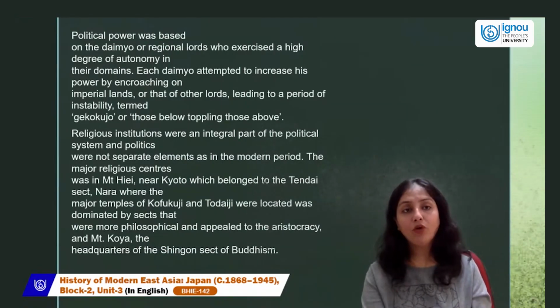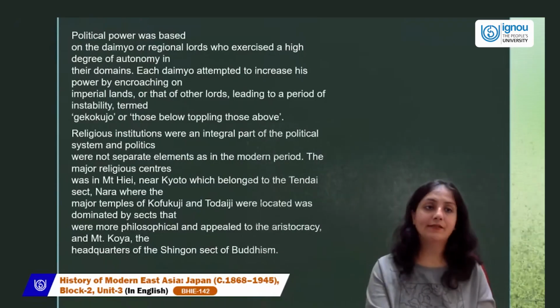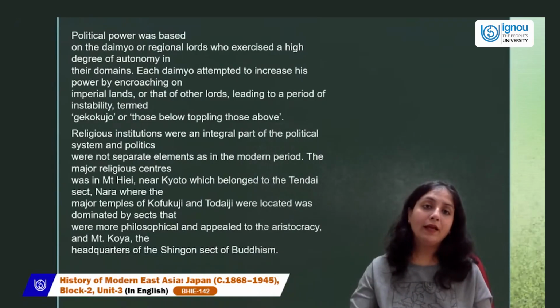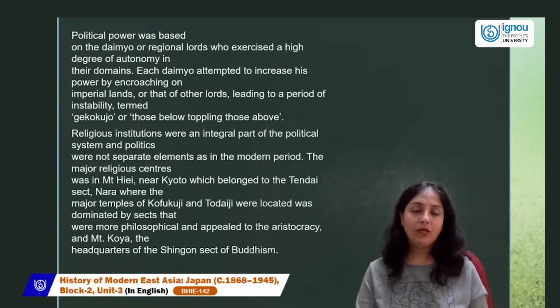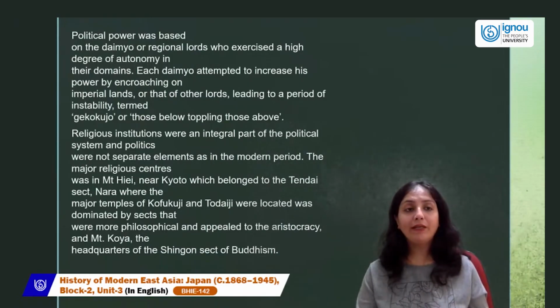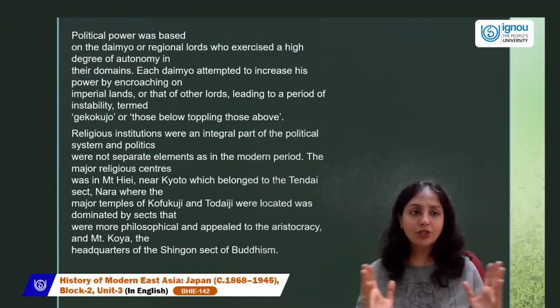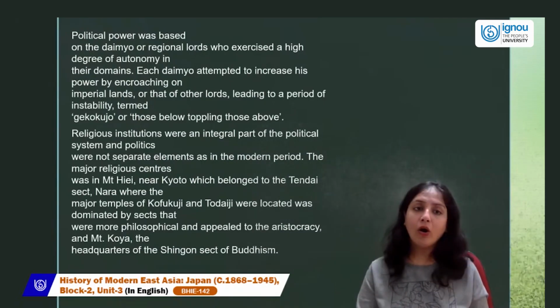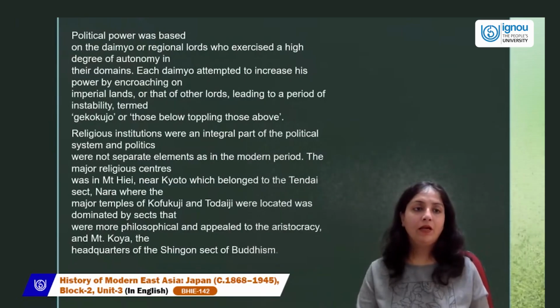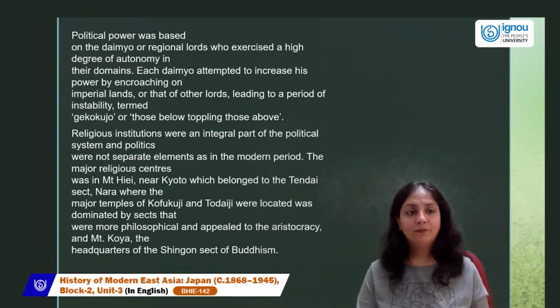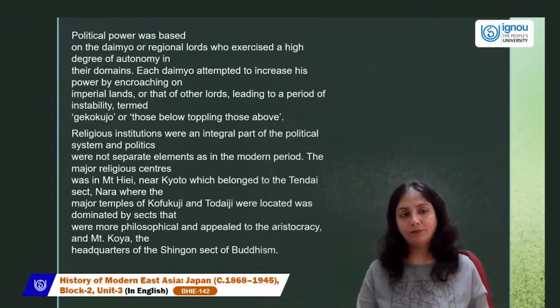The regional lords were known as daimyo, and each daimyo attempted to increase his power by encroaching on imperial lands or that of other lords, leading to a period of instability termed gekokujo, or those below toppling those above.